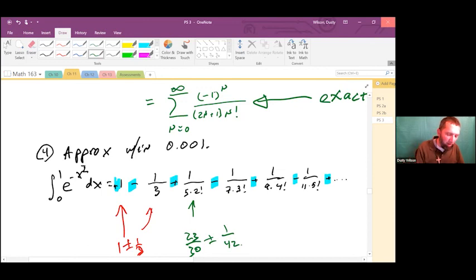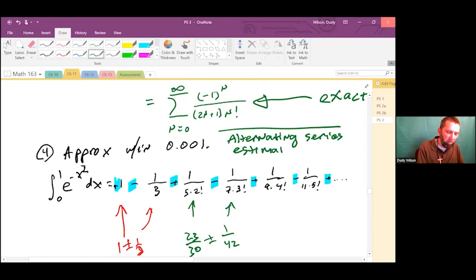So I'm always saying my error matches the next term out. What's this called? Something like the alternating series estimation theorem, I think.